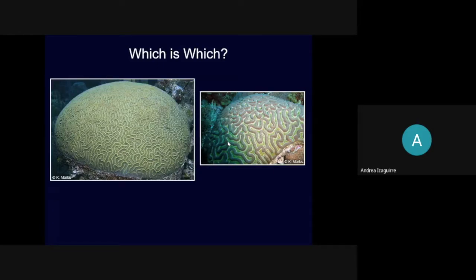Now in this one, you have your DLAB on your left, and we have our CNAT on your right. The clue here is, even though you can see that this DLAB has a color change between the valley and the wall, because that valley is so deep, that color change is almost not noticeable.